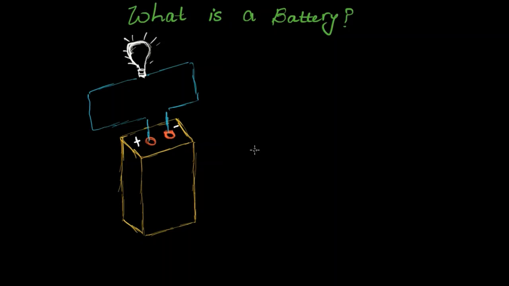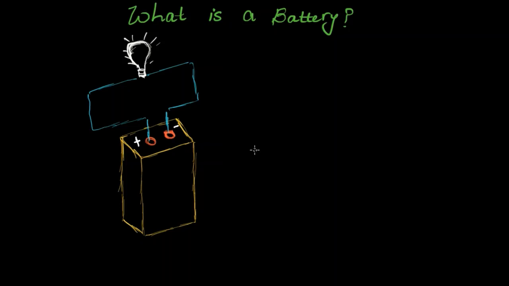The battery is a sort of miniature power plant which ensures a constant flow of charge in the circuit in which it operates, and that charge powers our electrical devices, right? So that's the battery concept, or battery definition, at a high level.